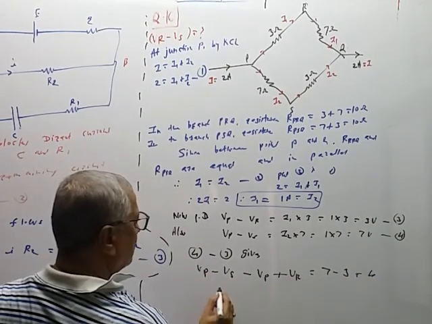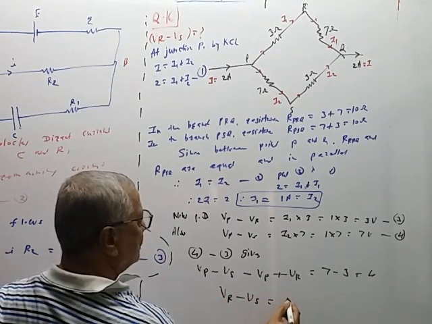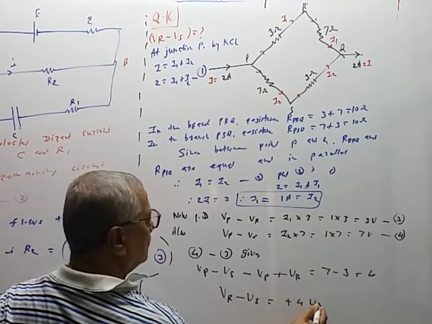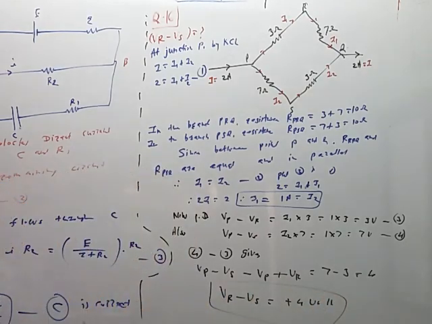So Vr positive, Vs negative. Vr minus Vs is equal to plus 4 volt. This is the correct answer. Potential difference between R and S point is 4 volt. Therefore, correct choice is C.